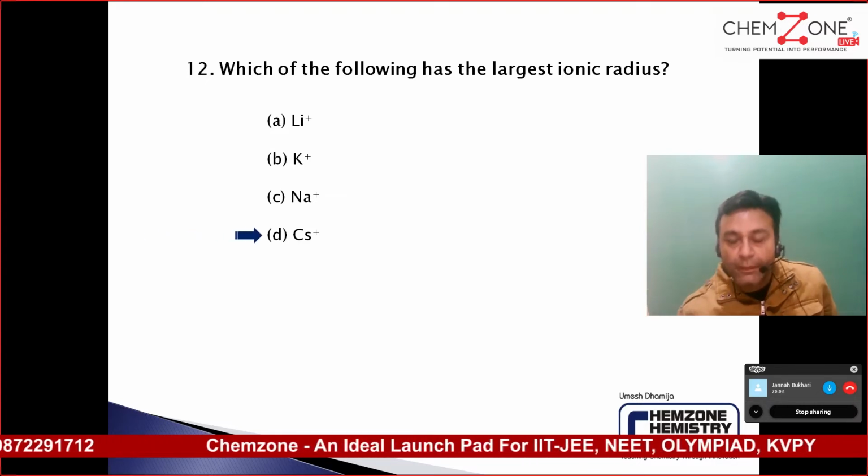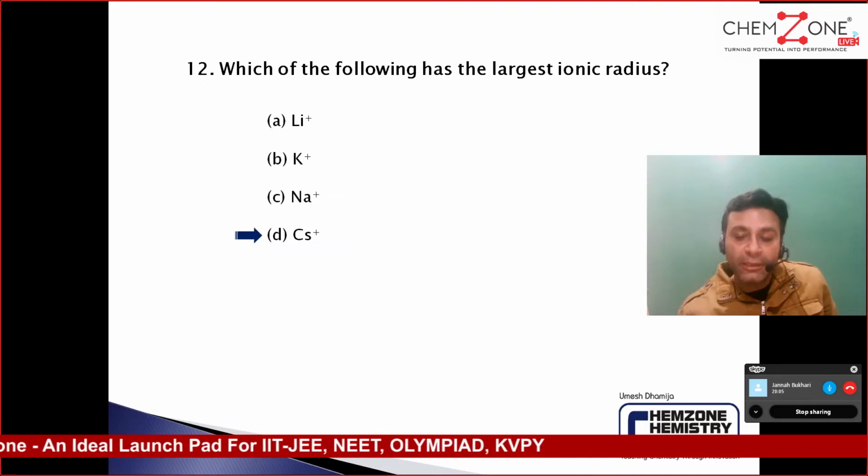Yeah, cesium. As you go down the group, ionic radii increase. Right? Okay.